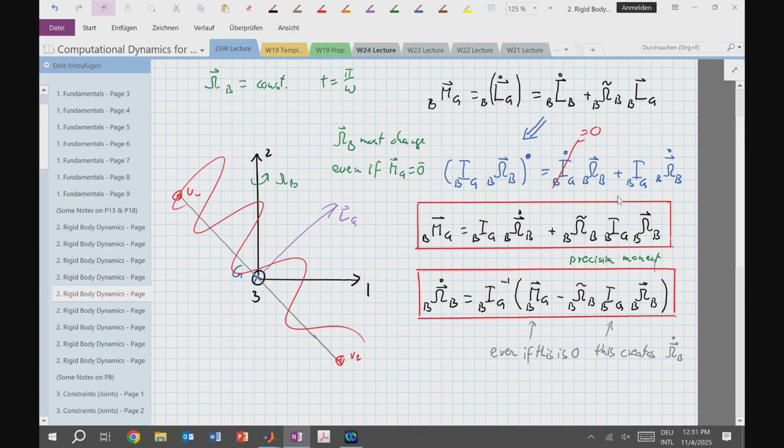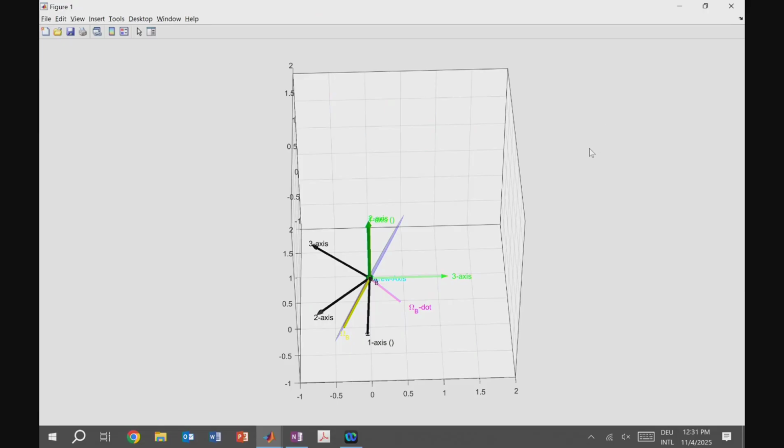I have the cross product between angular momentum and angular velocity. So I say angular velocity points this way, angular momentum points that way, and then the angular acceleration, or the result of that term in the back, is basically pointing this way.